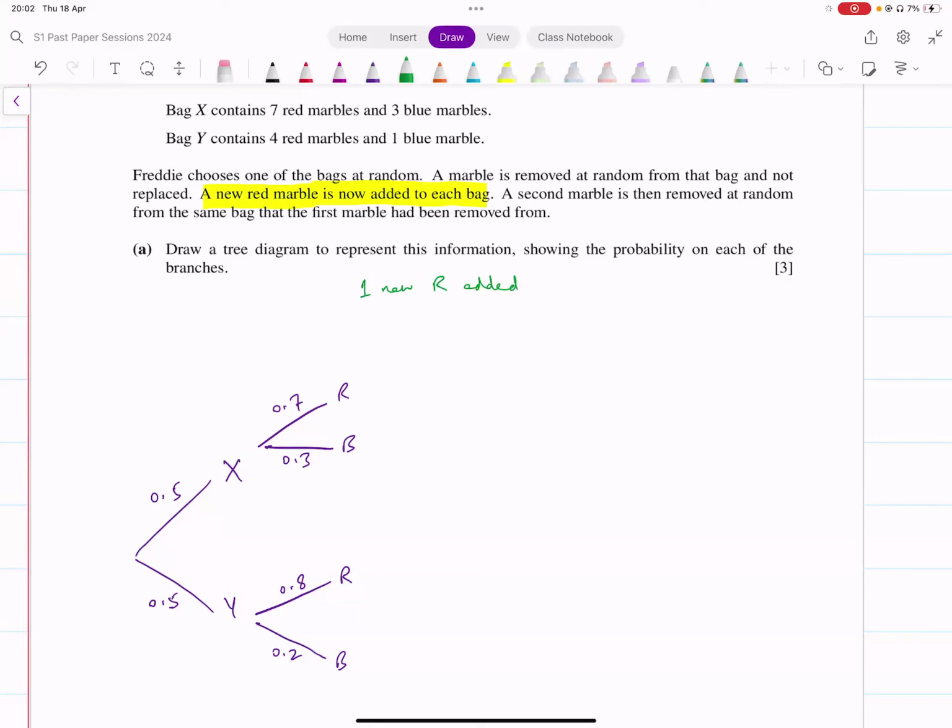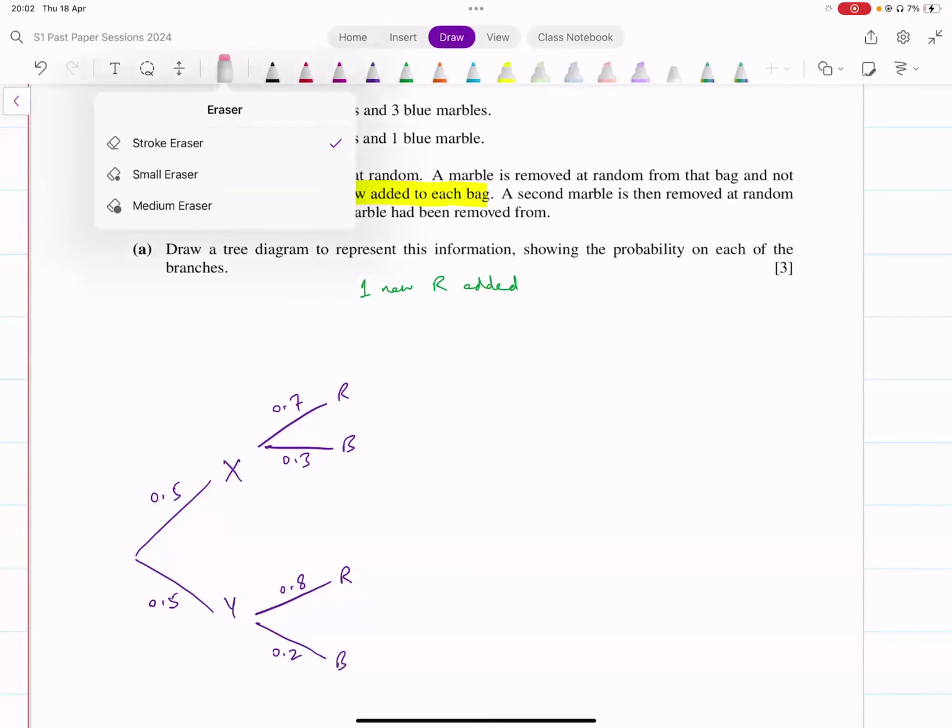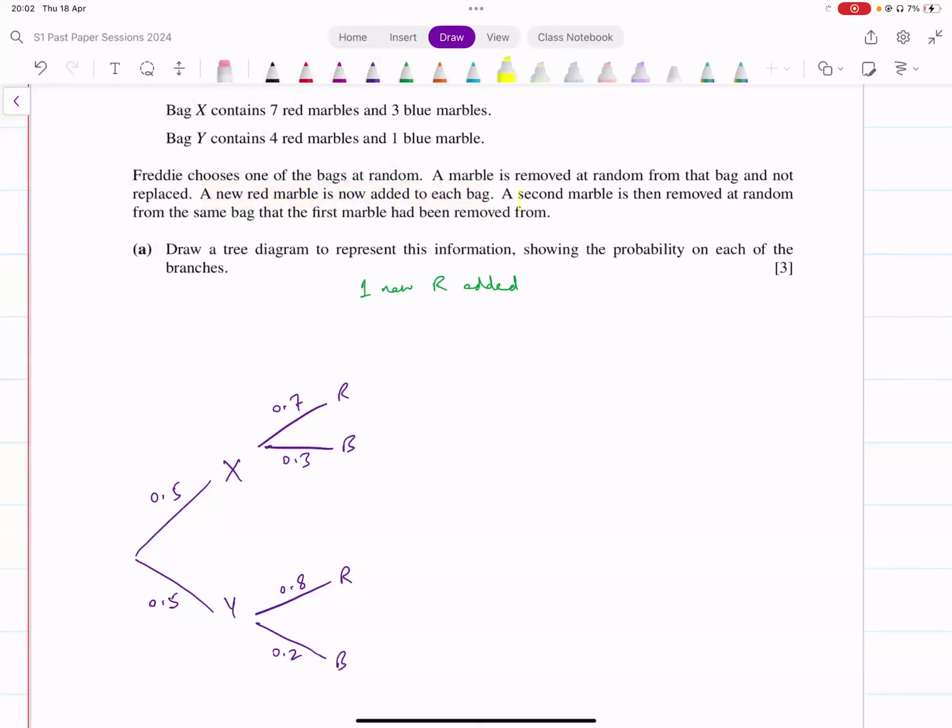Then what happens? After a marble is chosen, a second marble is then removed at random from the same bag that the first marble had been removed from. Okay, so if the first marble was removed from bag X, now you remove a second marble from bag X again.